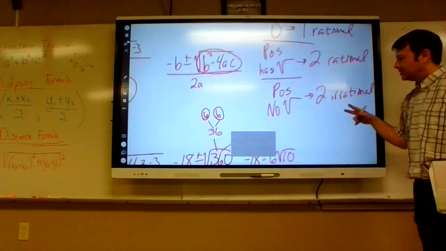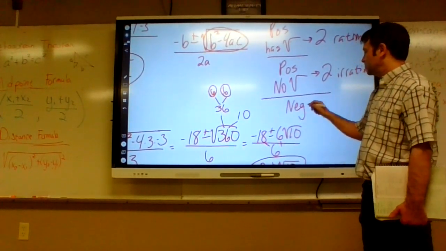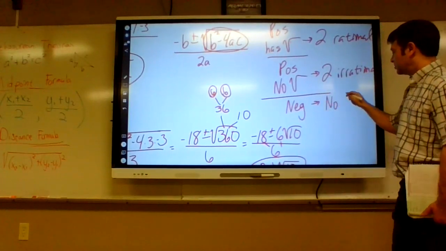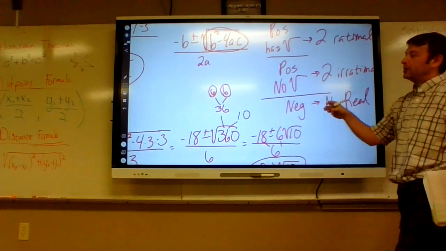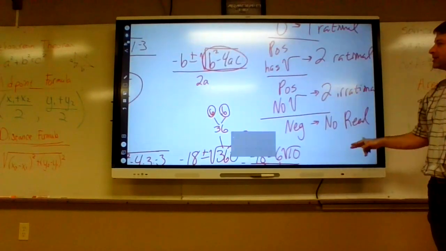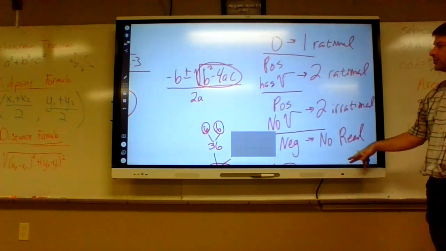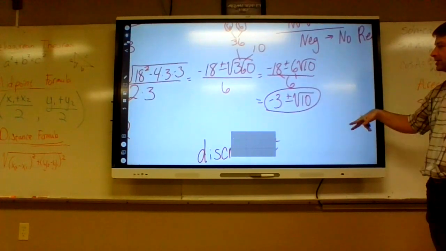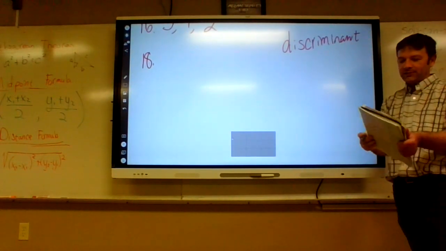And if it's negative, what kind of answers does it have? No real answers, because you can't have a negative under the square root. So those are our 4 options. I kind of wish I didn't put them right there, but maybe I'll scroll back to it. So basically we're doing b squared minus 4ac.